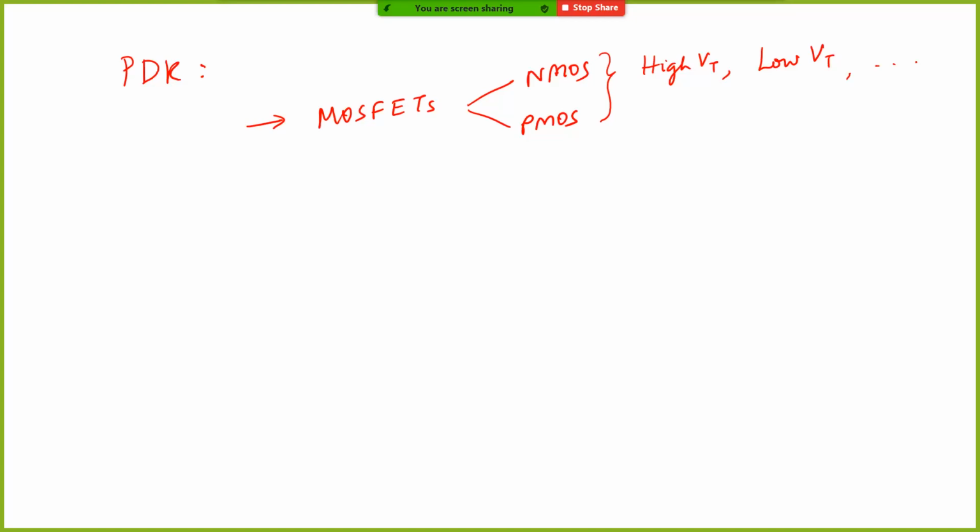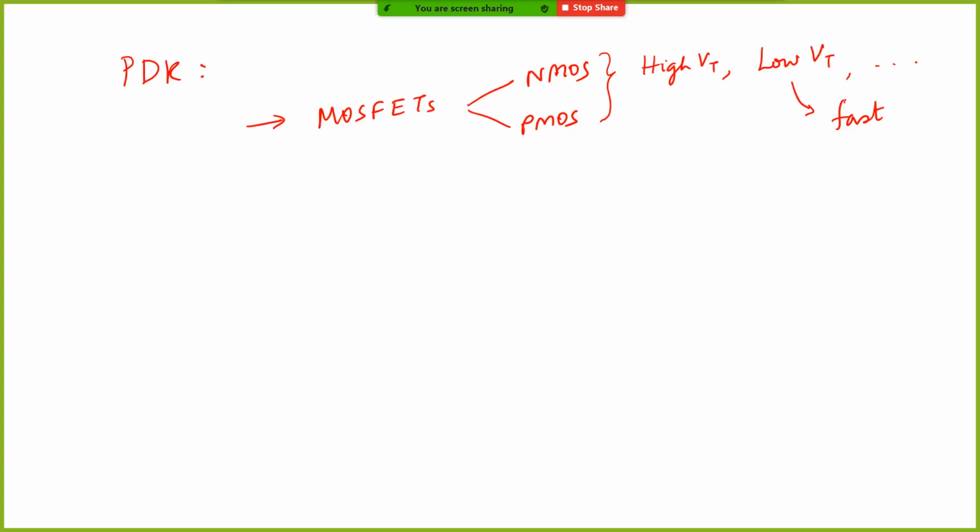Okay. Now, why do we typically have these high threshold voltage and low threshold voltage devices? It is because a low VT device will be very fast. Digital ICs are the majority; if you look at the market share, mostly digital ICs are there. And when you want high speed operation, you use low VT devices.